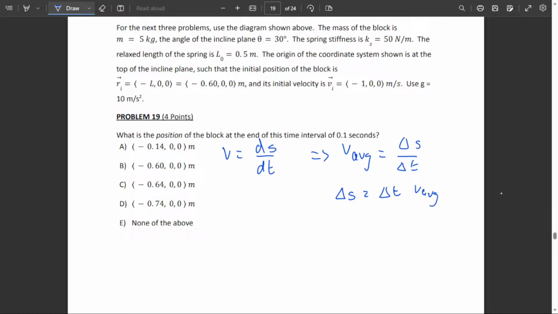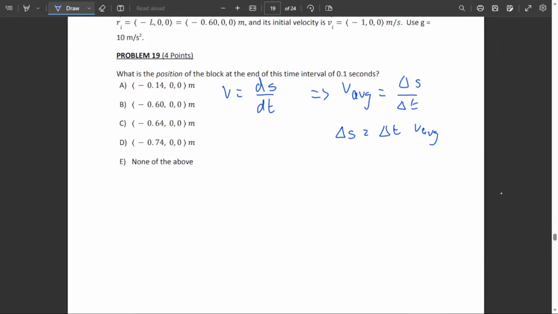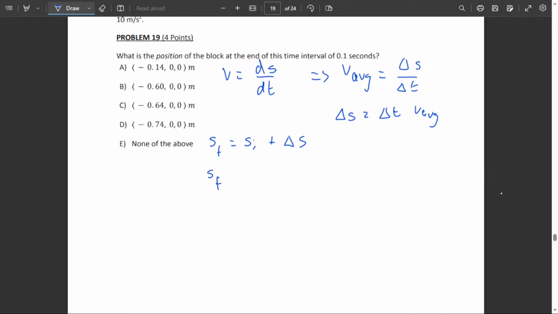It looks very similar to the equation we just used for momentum. Writing this out fully, the final position is going to equal the initial position plus the average velocity times the change in time.